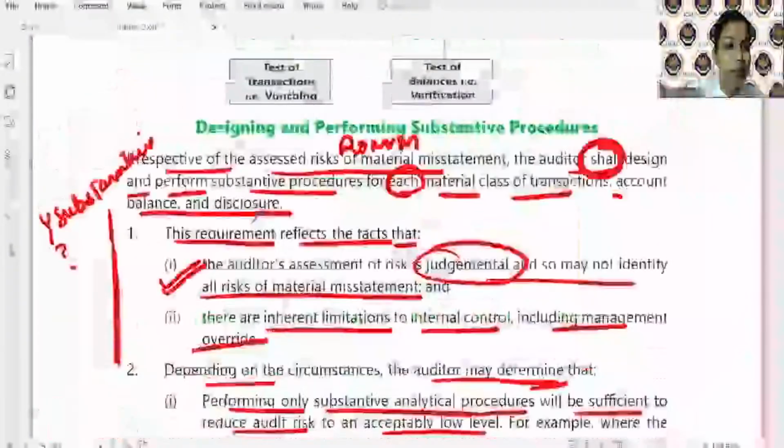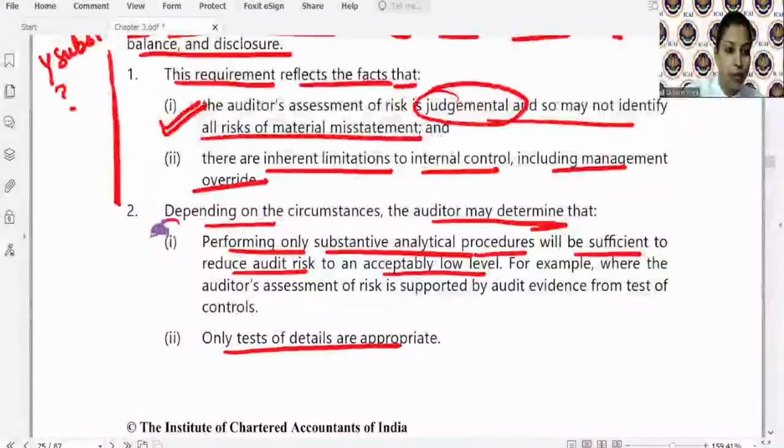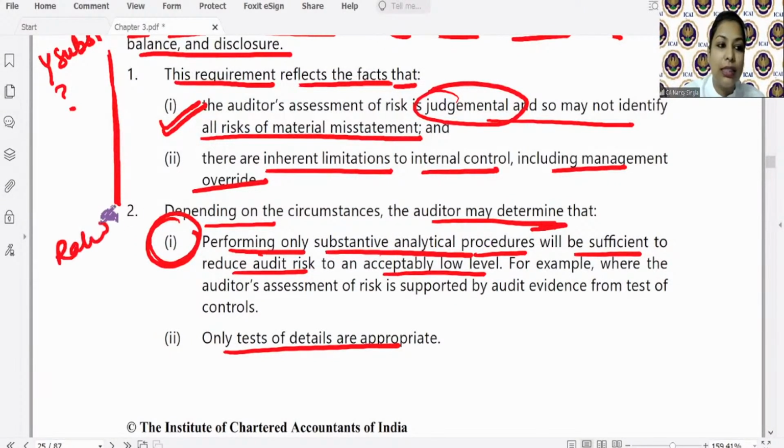So Jyoti has asked me, I think she is talking about this point. It says that performing only substantive analytical procedure, that is ratio analysis, comparison, trend analysis, will be sufficient to reduce audit risk to an acceptably low level. This we have done in chapter number 1, that audit risk cannot be reduced to 0. The auditor obtains only reasonable assurance that audit risk can be reduced only to an acceptably low level.